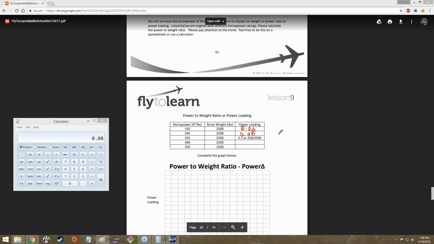If you've got 300 horsepower divided by 2,500, it's 0.12. And finally, 350 divided by 2,500 is 0.14.